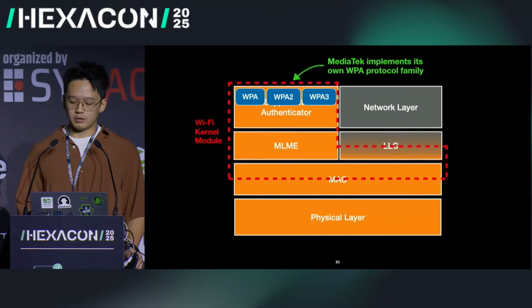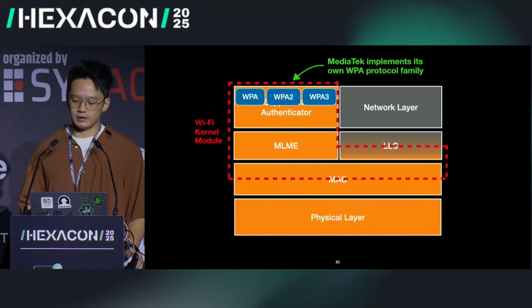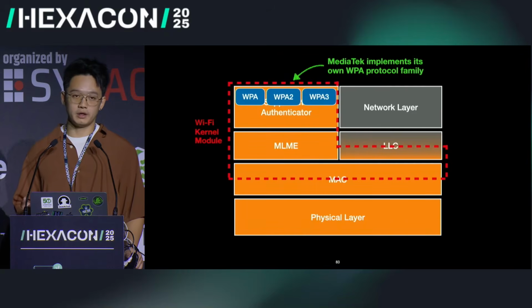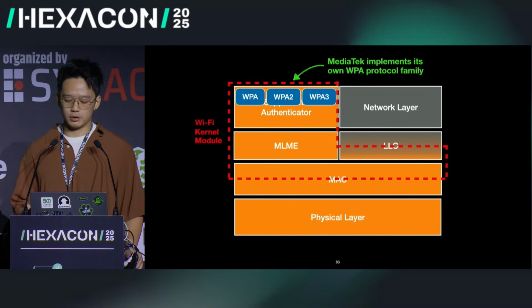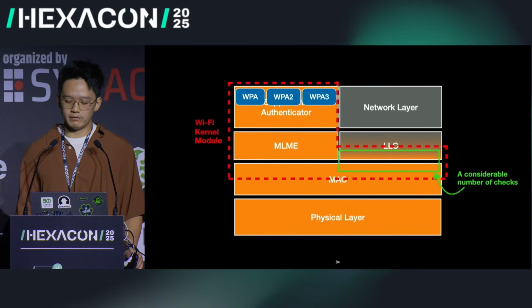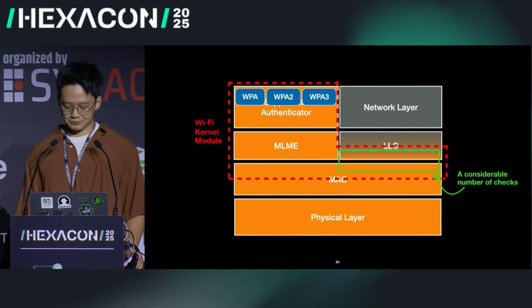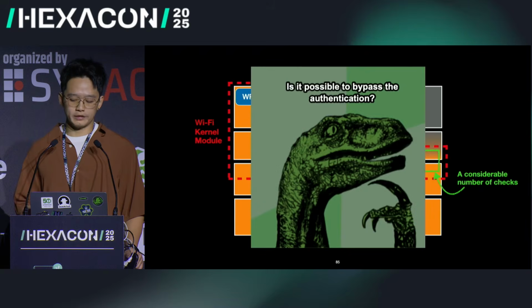In the Wi-Fi kernel module, MediaTek has implemented its own WPA family, as well as the logic for parsing and handling data frames. Verifying if a data frame can be accepted involves several checks, including the LLC format, user authentication, frame encryption, and more. This raises a question: is it possible to bypass the authentication?